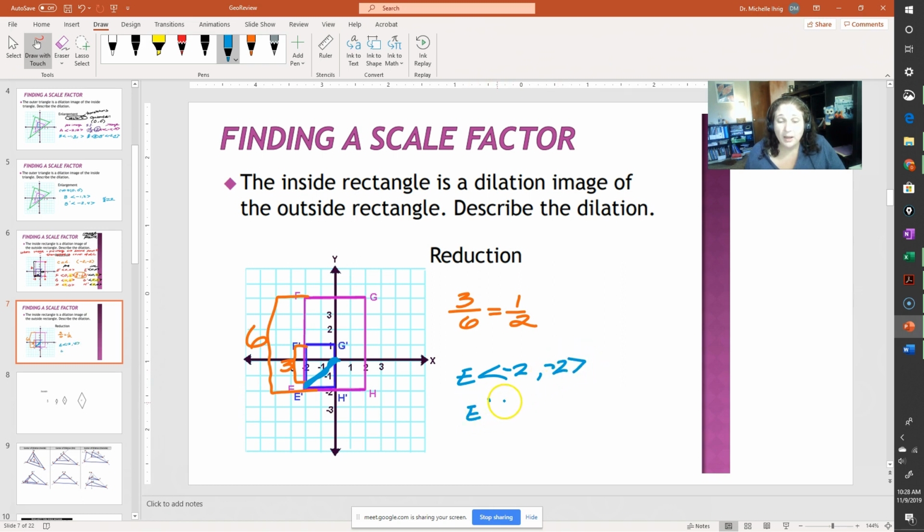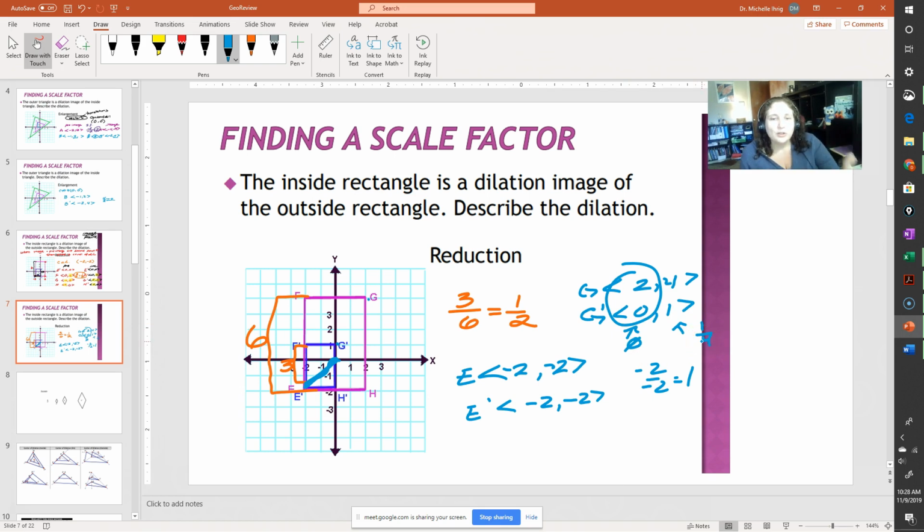And my E prime vector would still be -2 over -2. So then when I do that, I get a scale factor of 1. But if I look at G and G prime, my G is 2, 4, and my G prime would be 0, 1. And here I'd have a scale factor of 1/4.